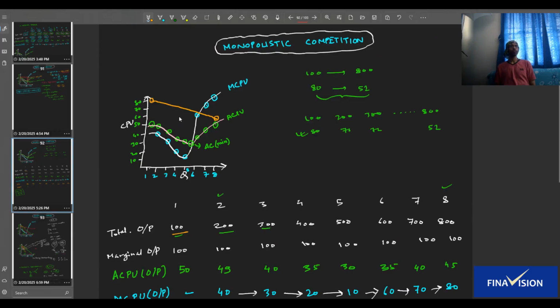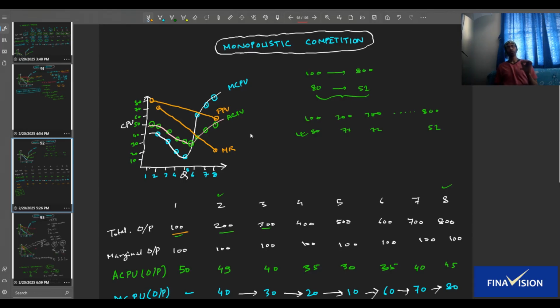So option 2, 72 till 24 at option 8, somewhere here. So let me draw this line. Now this is the marginal revenue curve and this one is the price curve, right, friends?